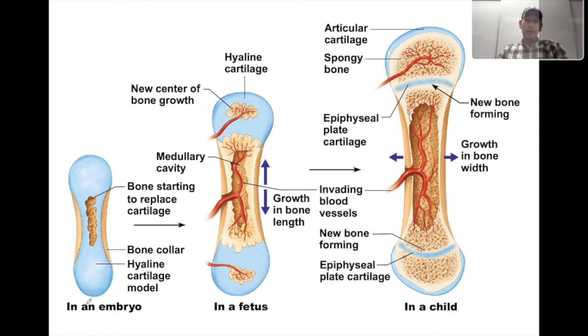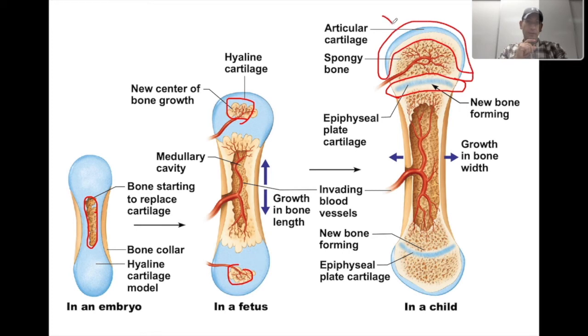So the blue that you see here is actually cartilage. And little by little, these cartilaginous cells turn into bone cells. You see them forming here at the ends and in the middle. Eventually, all you have left over is a little bit of cartilage here, and a little bit of articular cartilage on the ends. These are all hyaline cartilage, by the way.